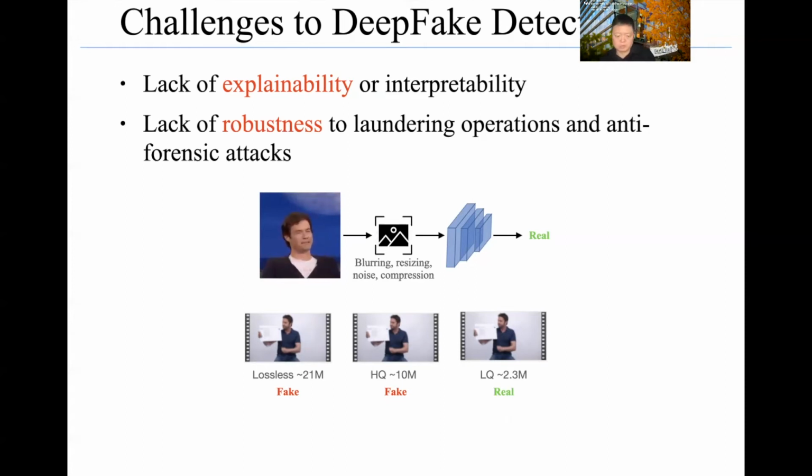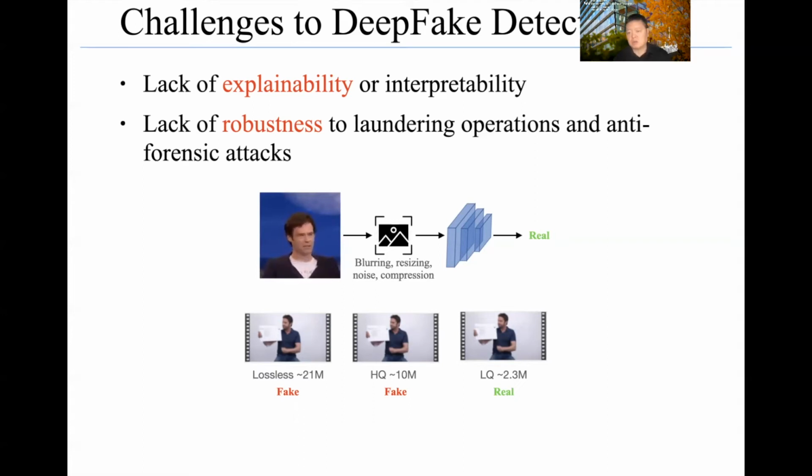So compression, out of all the laundering operations, is probably the most significant distraction factor for the current detection algorithms. Take, for example, the face swapping videos. If we take the lossless video, most detectors work really well on the lossless uncompressed formats or high quality compressed formats.